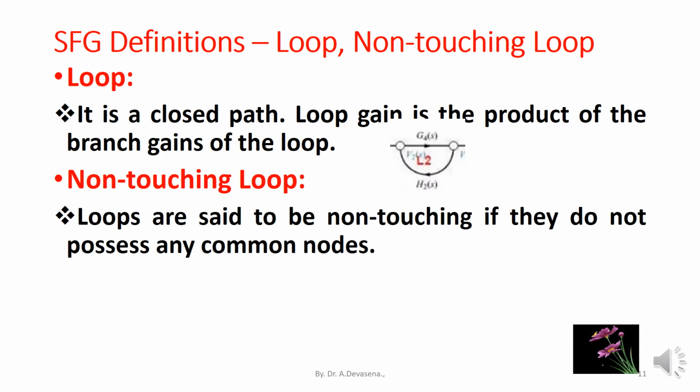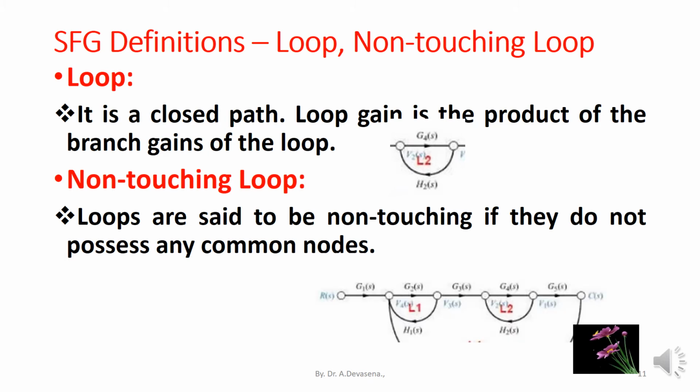Non-touching loop. Loops are said to be non-touching if they do not possess any common nodes. Here is a representation of non-touching loops.